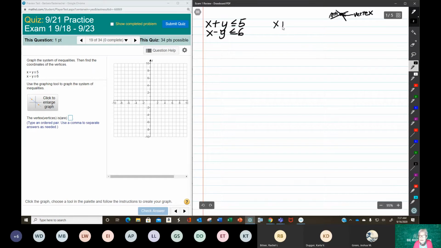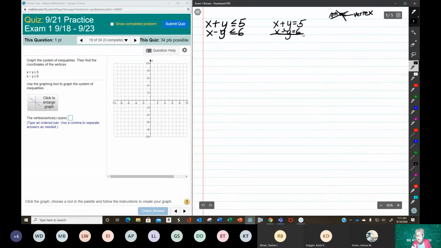So now you need to find where they cross. So you turn these into lines. And you proceed to solve this system any way you like.